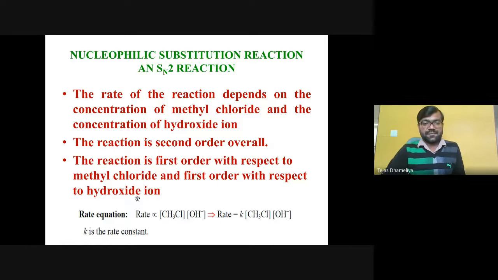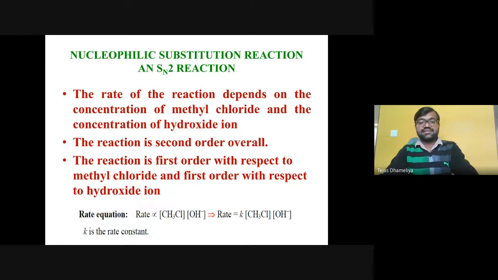So here, the rate of the reaction, the speed of the reaction, whether the reaction is fast or whether the reaction is slow, depends upon the concentration of alkyl halide and the OH minus. इसीलिए rate is directly proportional to concentration of alkyl halide and nucleophile OH minus.